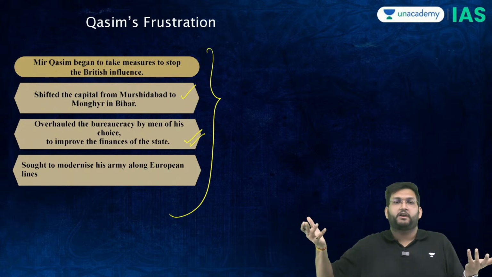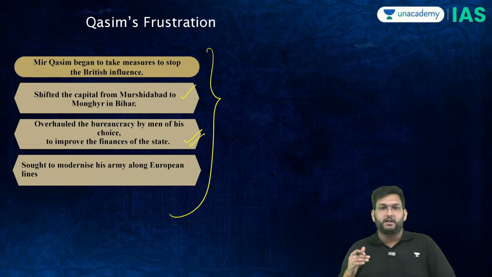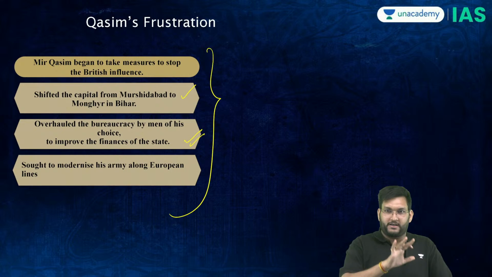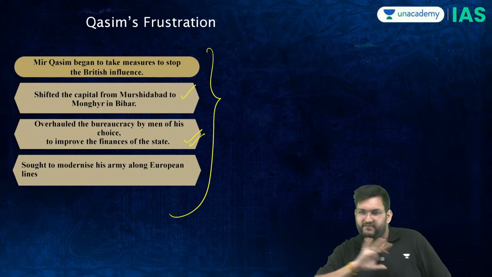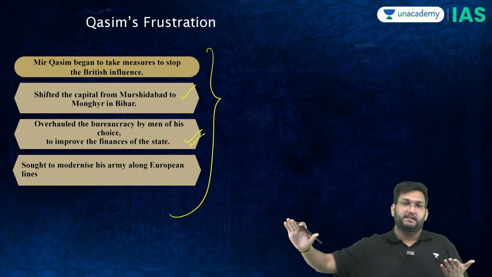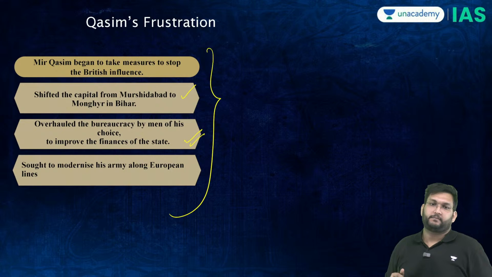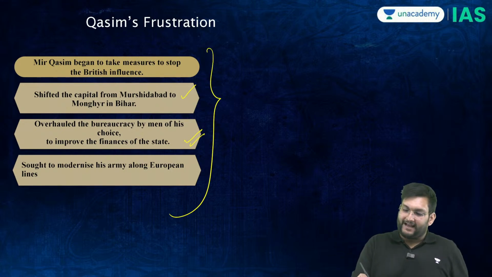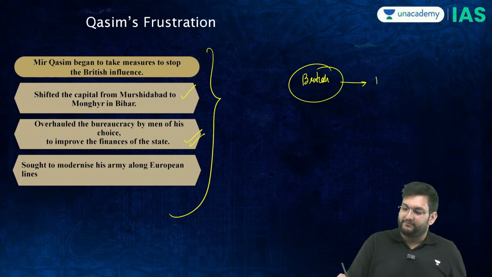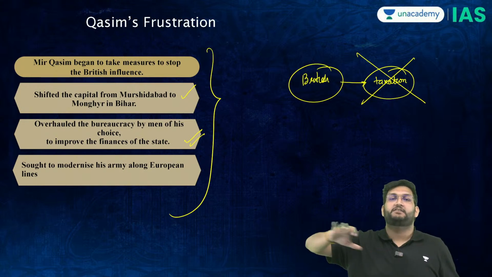So Mir Qasim said, okay, let's do one thing: we will now very simply remove all forms of taxes out of the whole Bengal sector itself, so whatever advantage the British had with regards to taxation will be removed, and Mir Qasim removes all taxes on all merchants.